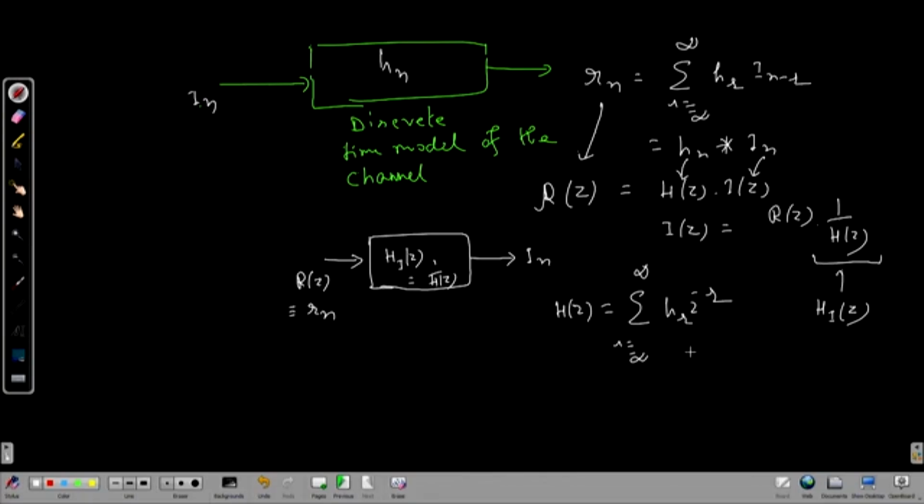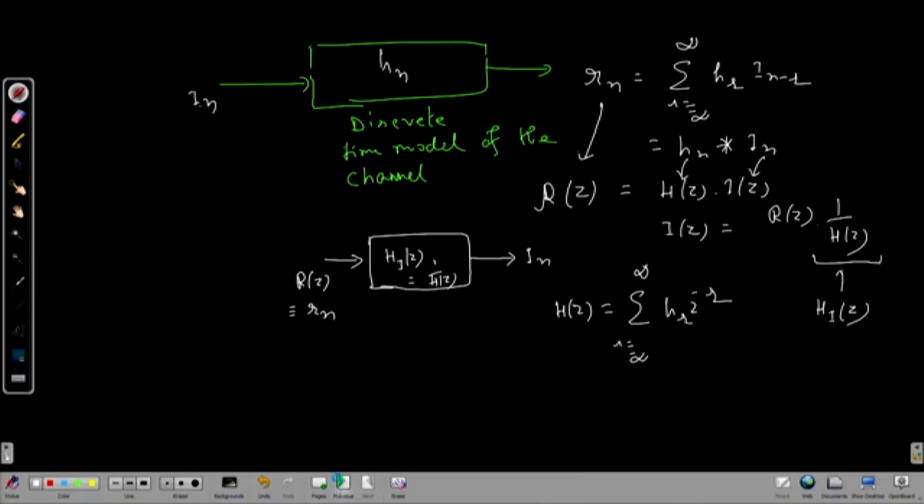So, in general in this model it is a non-causal system. You have got H0, H1, H2, H minus 1, H minus 2, all that, and also theoretically r goes from minus infinity to infinity. But this Hr actually will not be non-zero or appreciable beyond a certain range.